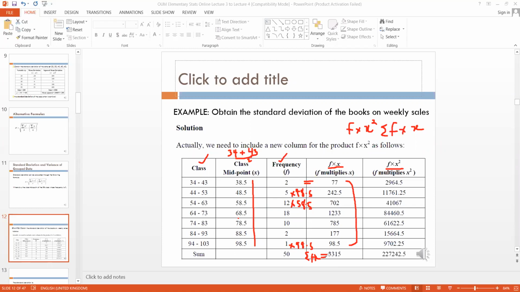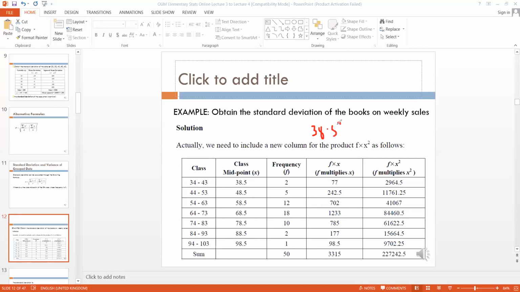Once we are done with this computation, we move to the next quantity, which is summation fx squared. fx squared means we have to find x squared first. You have to square all the x values first. So first you do this computation: 38.5 squared.